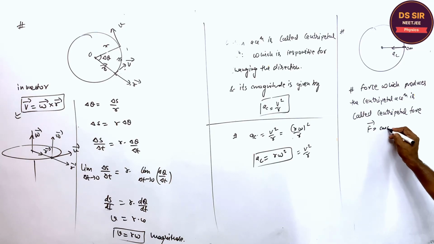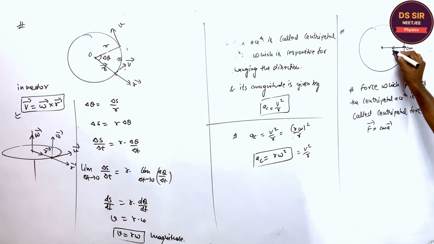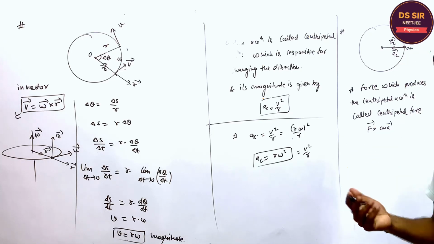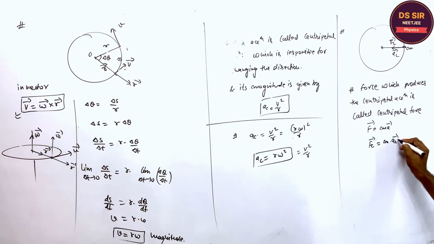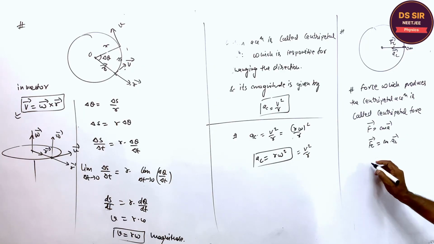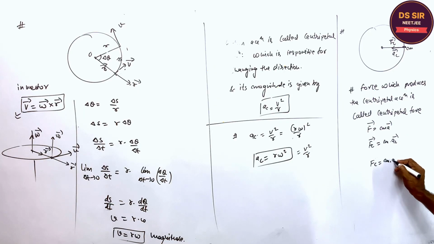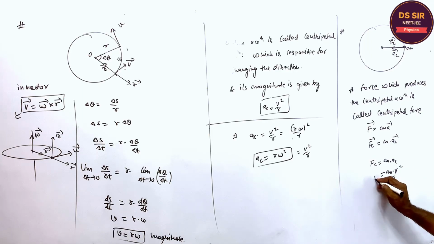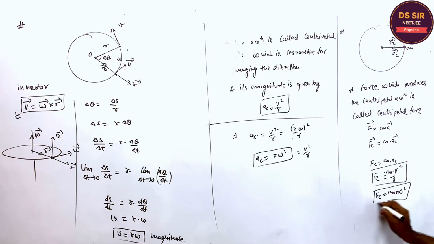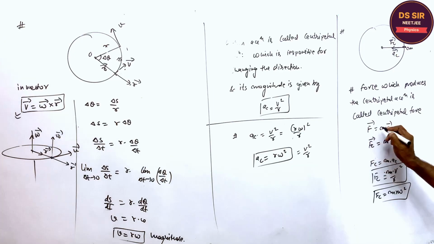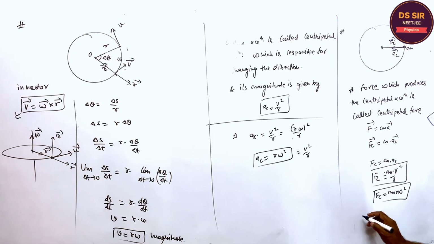And what is the centripetal force? We can apply F is equal to ma. If I write this as a vector, the centripetal force direction should be in the same way. So Fc must be equal to m into AC. If we write the magnitude, m into AC, so what is the AC? V square upon R, or it may be written as Fc is equal to m R omega square, right? It is a vector quantity. And what is the direction of the centripetal force?